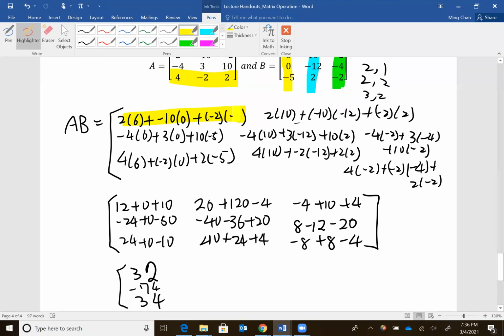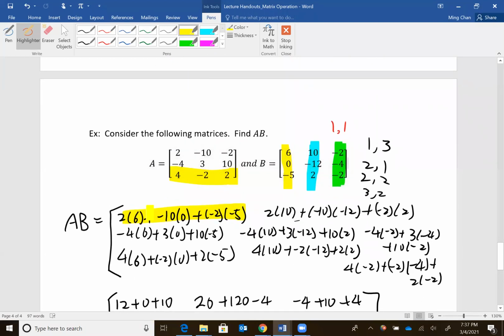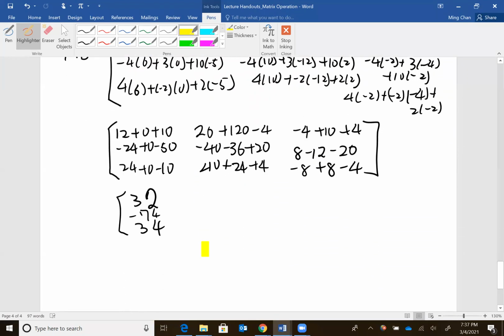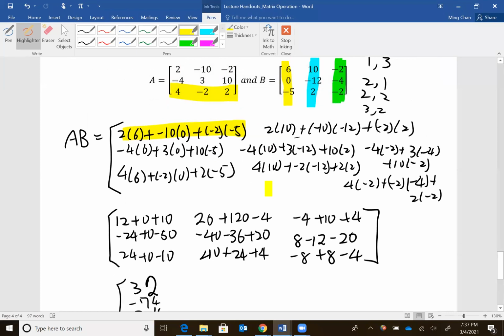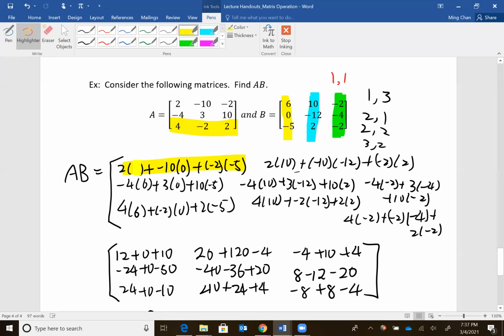Take row 1 times column 1 and write it out for your 1-1 entry. It's not difficult. You don't have to tell me what the answer is. I just want to make sure you understand how this operation works when you write it out. You can put this in the calculator and get the product straight up, but I want to make sure a student understands how we do it by hand. So write them out for me on the homework.